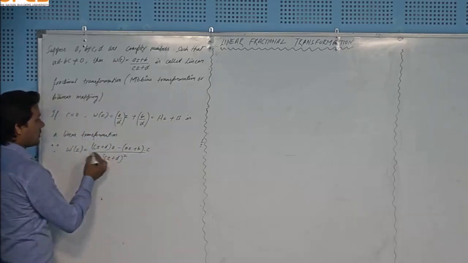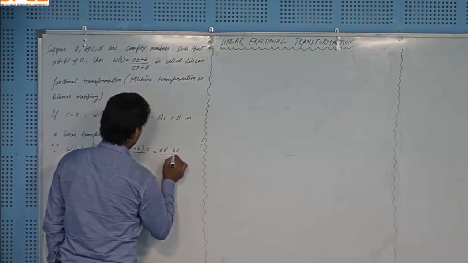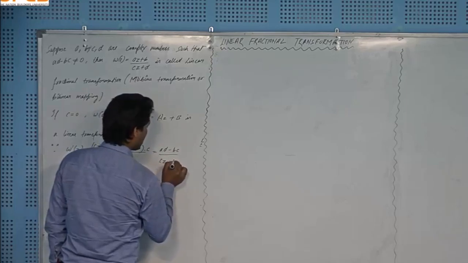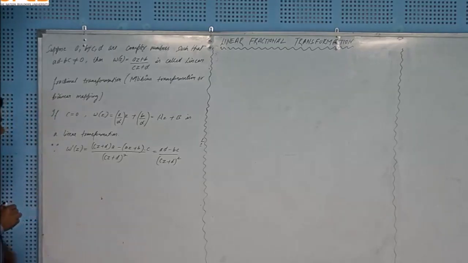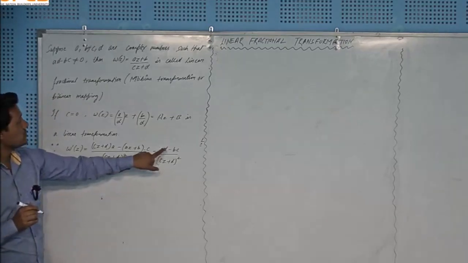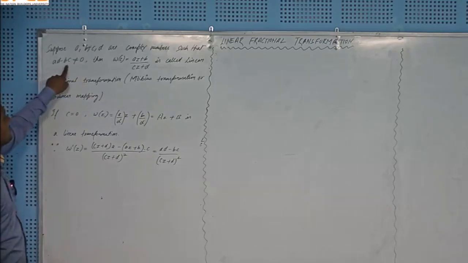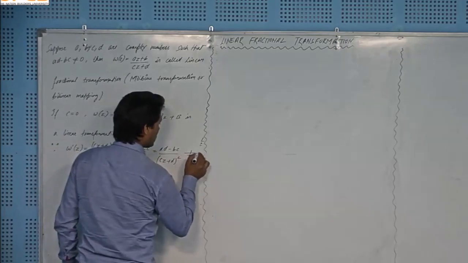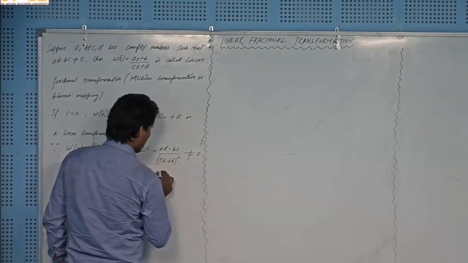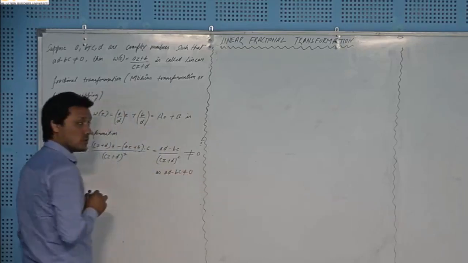So we will be left with ad minus bc over (cz + d)^2, right? And this is not equal to 0, since by the hypothesis ad minus bc should not be equal to 0.